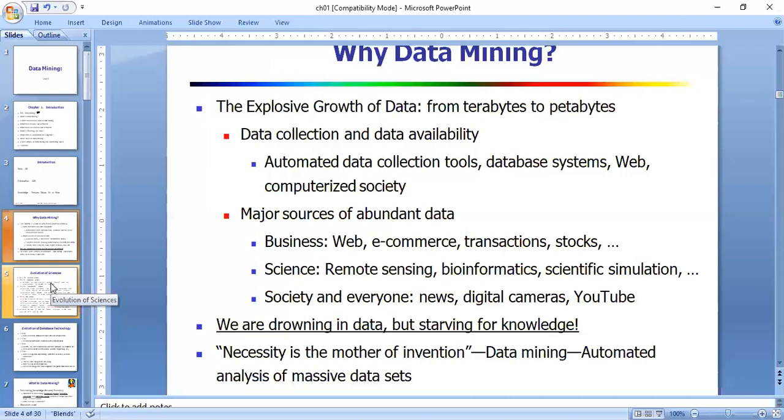The major source of this abundant data: suppose in business, it is the web, e-commerce, transactions, stocks, etc. People are very much involved in data. In science, there is remote sensing, bioinformatics, scientific simulation, and in society, everyone holds news and digital cameras, YouTube, etc.